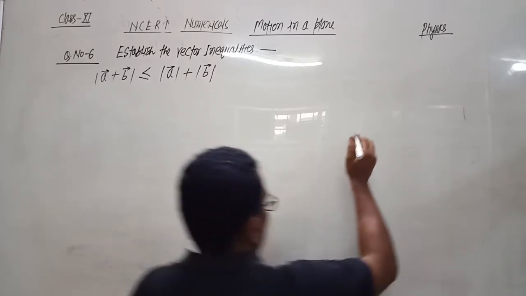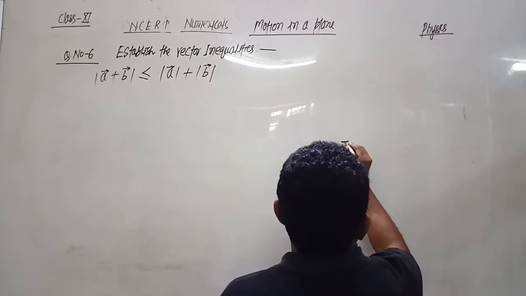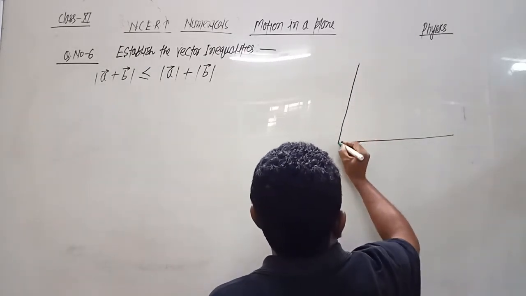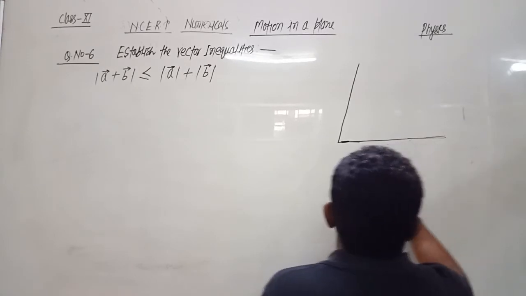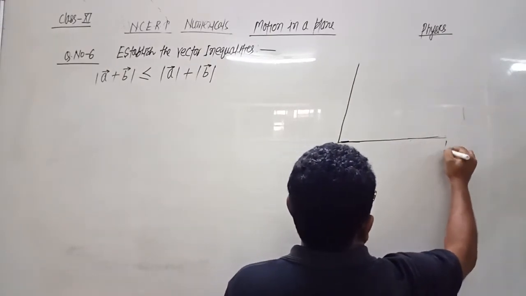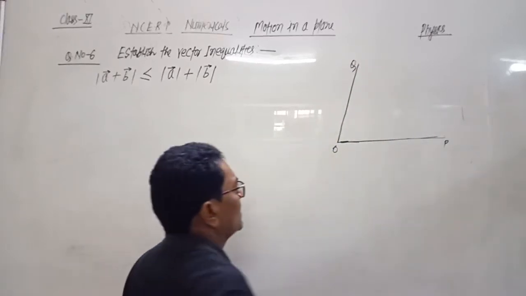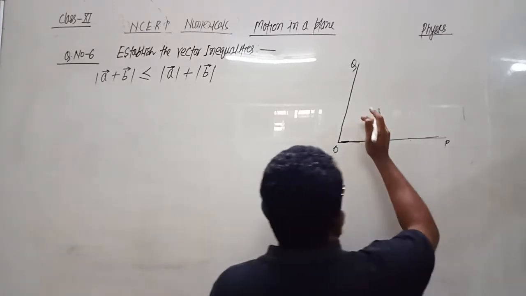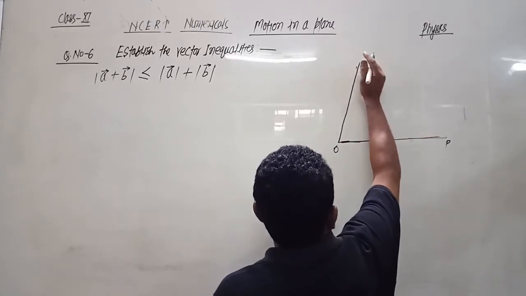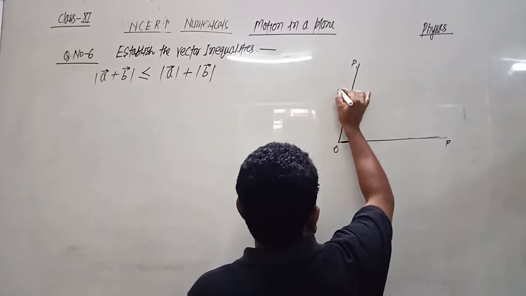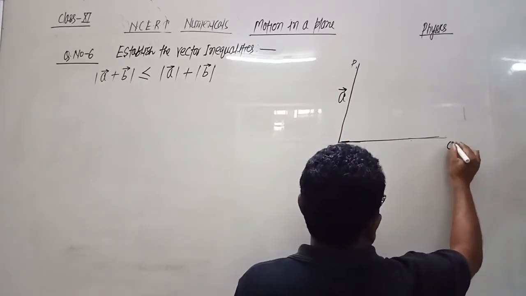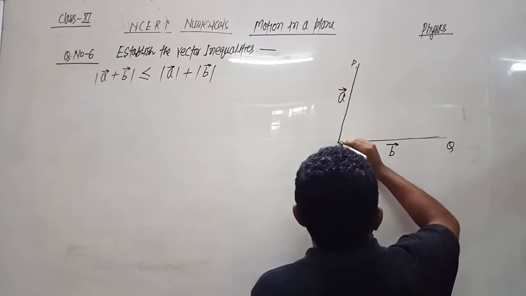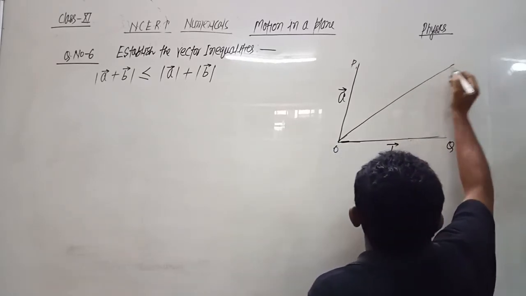So let there be two vectors OP and OQ. The vector OP is represented by vector A and OQ is represented by vector B. The diagonal will be the resultant vector.